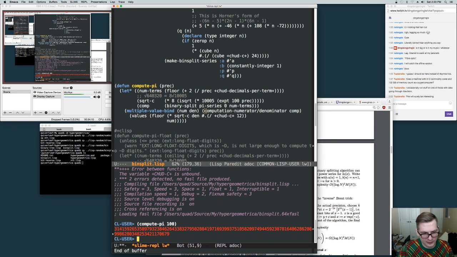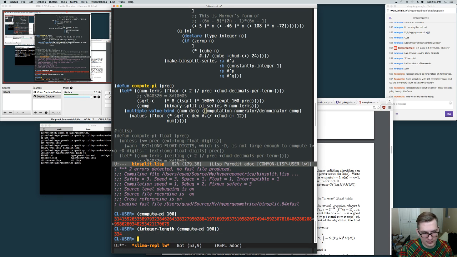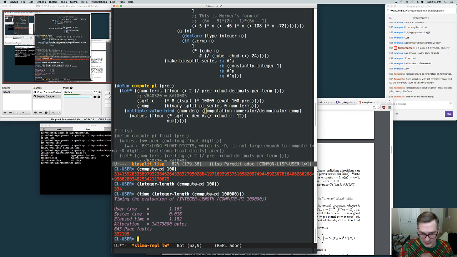So let's try that. If we do compute pi to 100 or so digits, we get it. 3.141596, etc., etc. We can do, so integer length tells us the number of bits in a number, 334. That sounds right. We can do time, just to kind of see how long it takes if we want to compute, say, 100,000 digits. I have no idea how long this will take. A second, that's actually pretty slow.